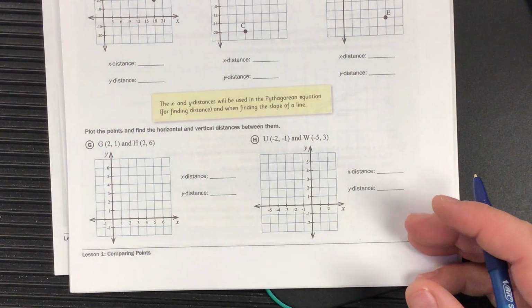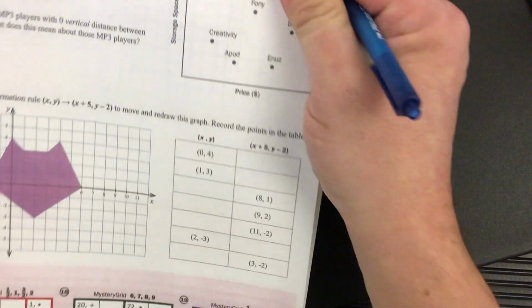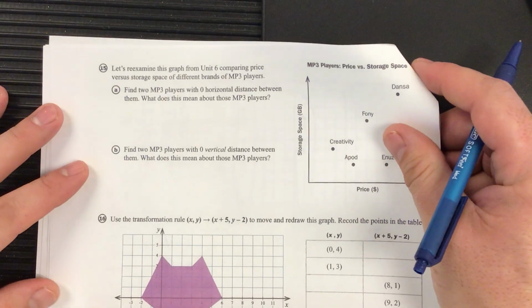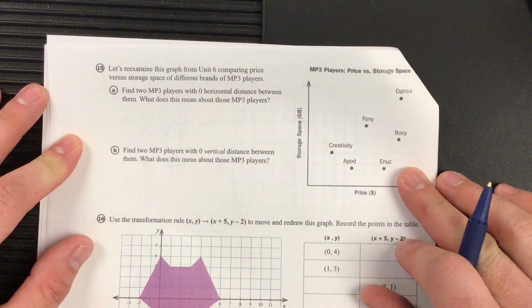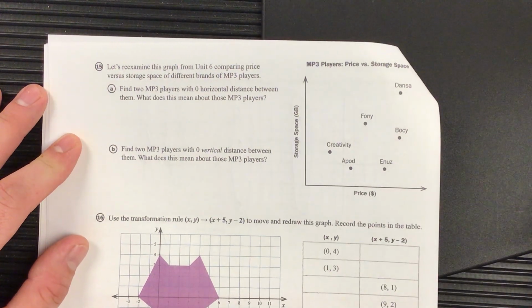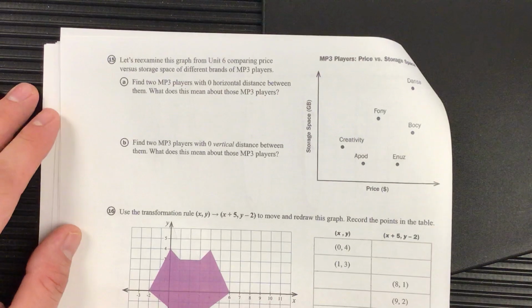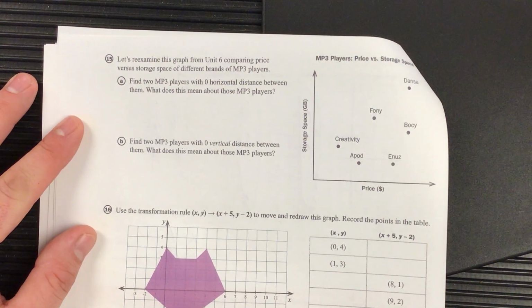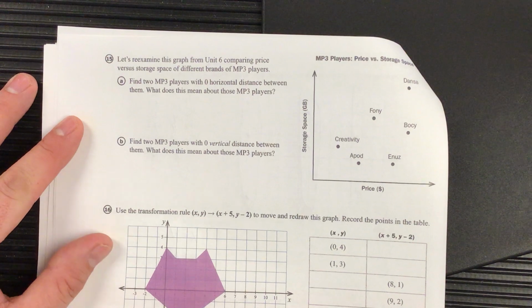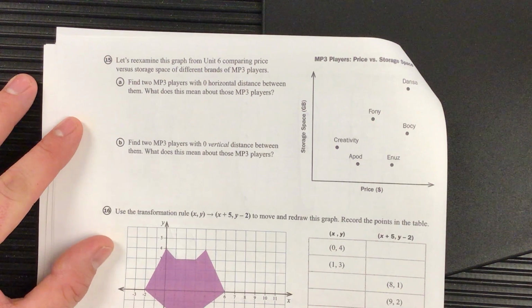Final page. It says let's re-examine this graph from Unit 6. So we've already looked at this one once. It says, can you find two MP3 players that have a 0 horizontal space between them?